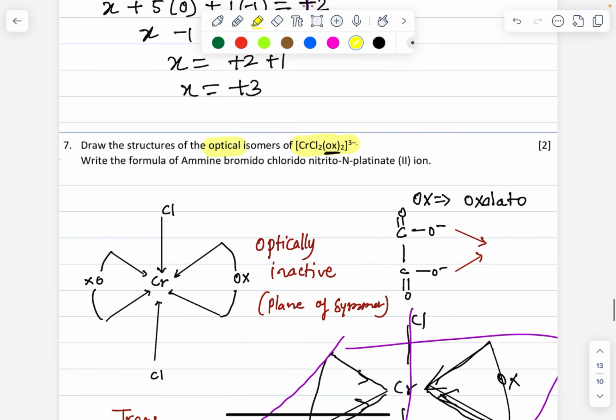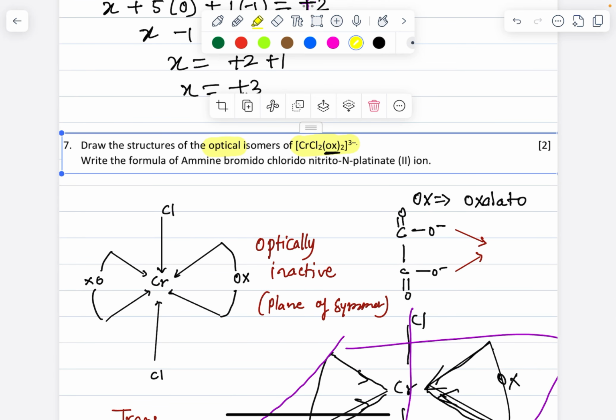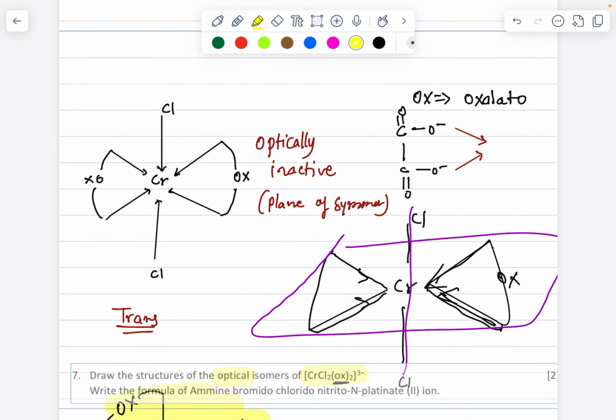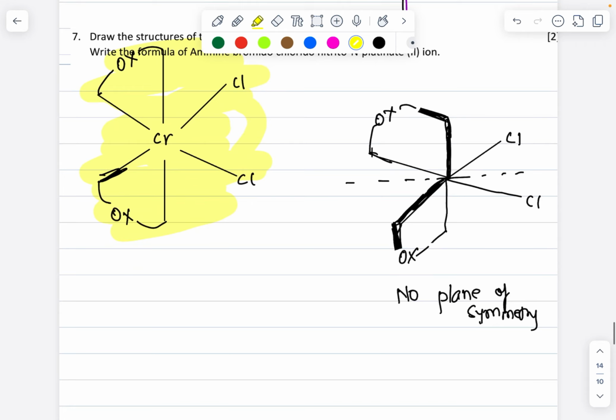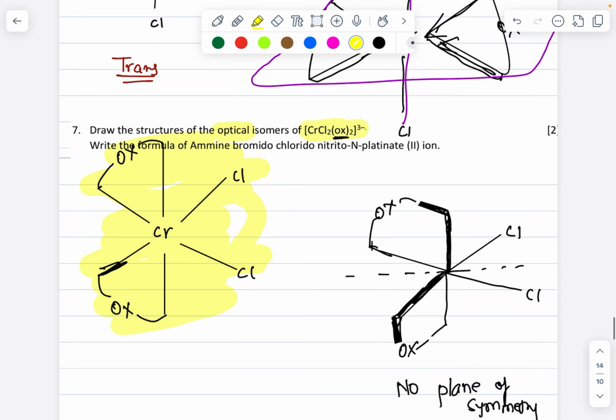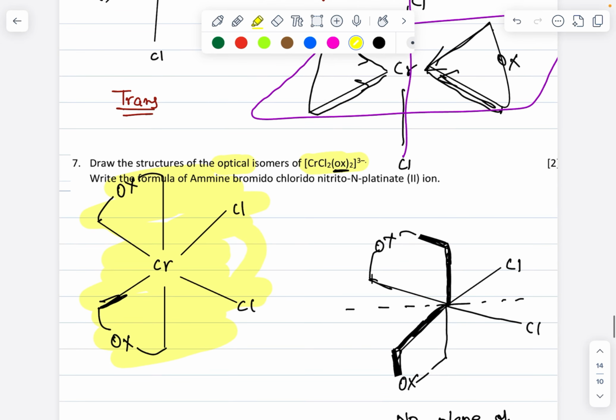Write the formula of the amine. Okay, formula of the amine. Take this question down. There are so many ligands in this question.